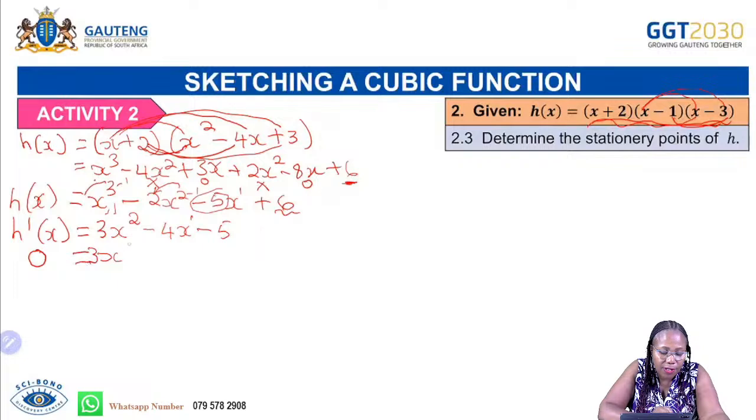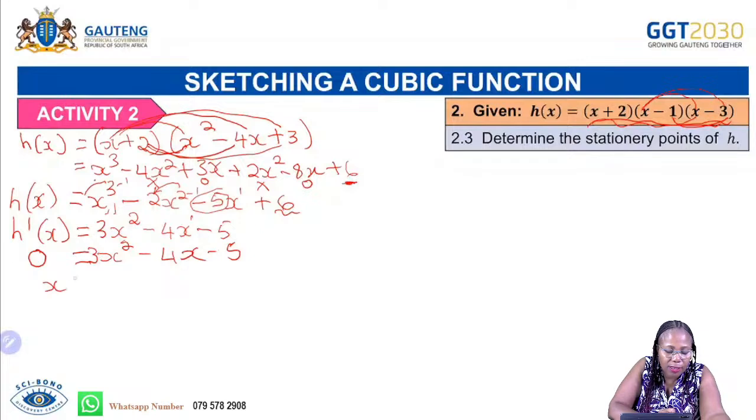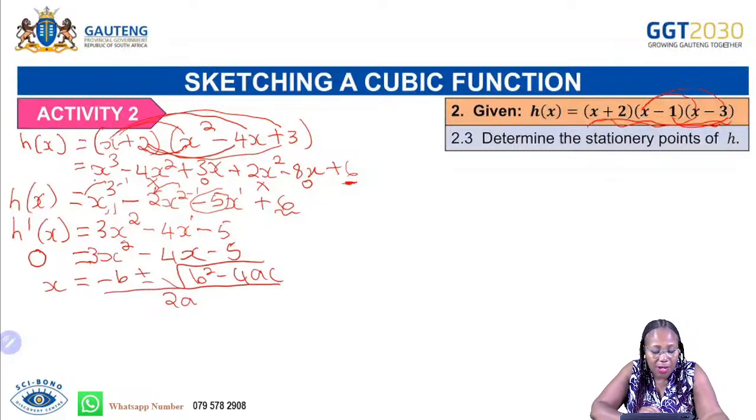Let's put this first with the 0 there. 3x squared minus 4x minus 5 equals 0. And then now we go quadratic. X is equal to minus b plus or minus the square root of b squared minus 4ac, all over 2a. Remember this quadratic formula. Please double check from your formula sheet at the back of your question paper that you have copied correctly, grade 12.